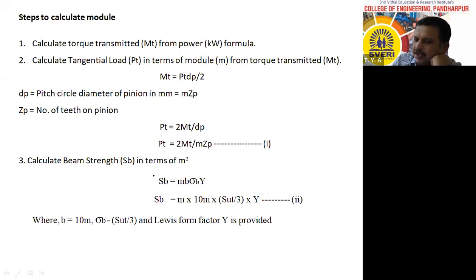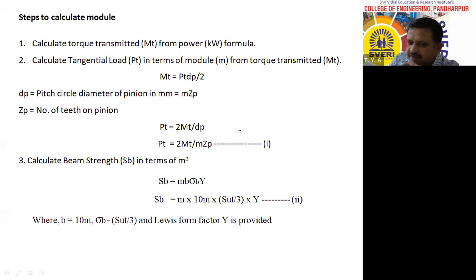Now calculate the value of SB in terms of M square. How will it come in terms of M square? M we do not know. SB is equal to m b sigma B into Y, that is M into 10M. What is the value of B? In general, it is 10 times module.